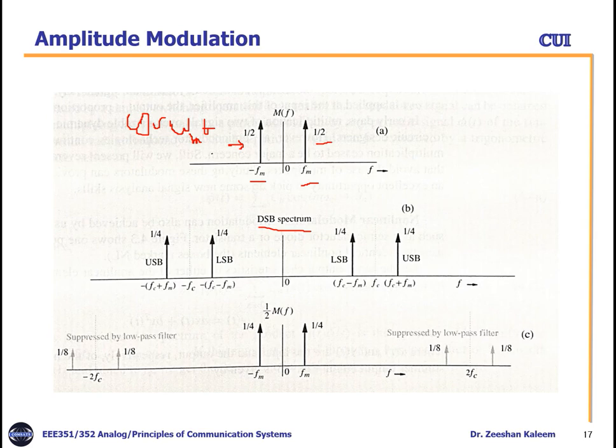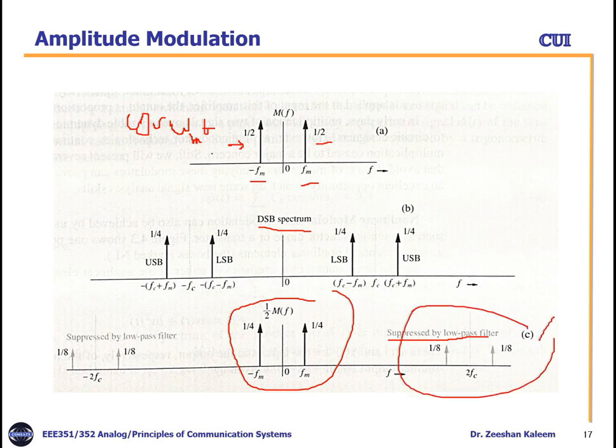Whenever we demodulate, we need this message, and we need to suppress the other terms by a low pass filter. These terms will be suppressed after passing through the filter, so they will be cancelled out. Let's see on the next slide.